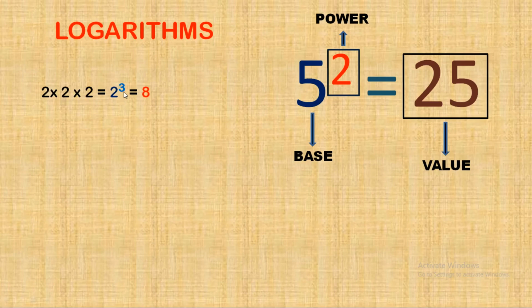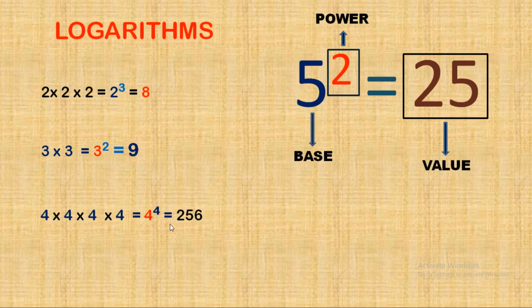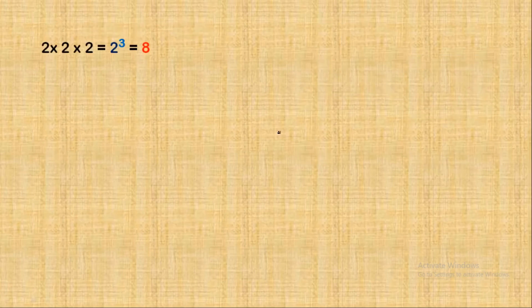So I have raised the power to 3, and that is equal to 8. And here I have written 3 into 3, that is 3 square, and its value is 9. And 4 is written 4 times, that means the power is raised to 4 and the value is equal to 256.